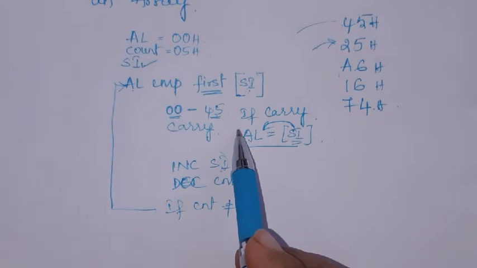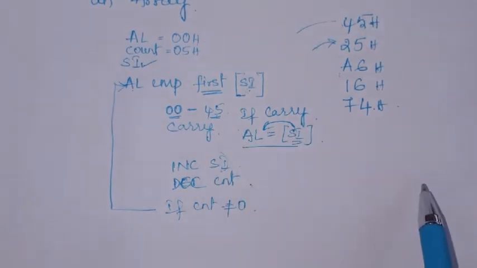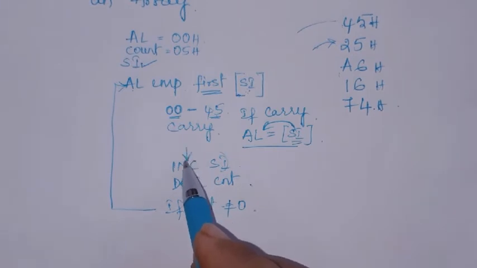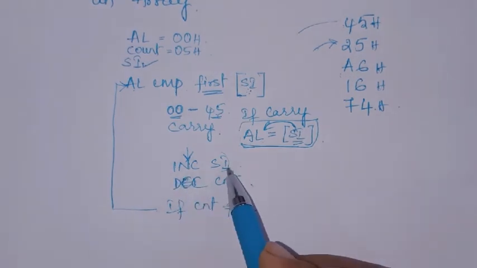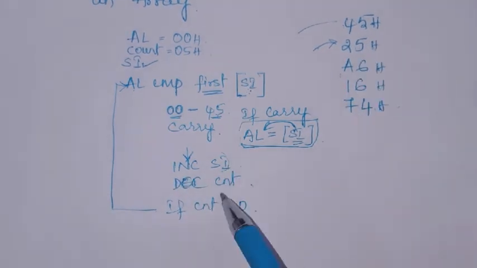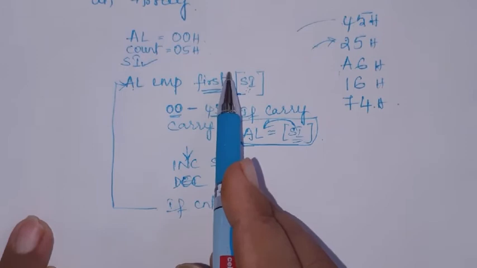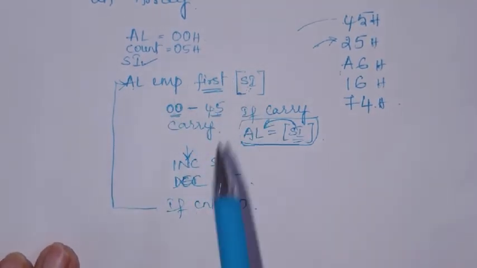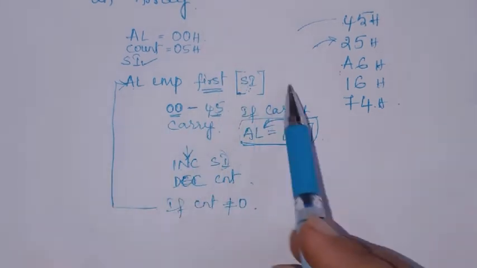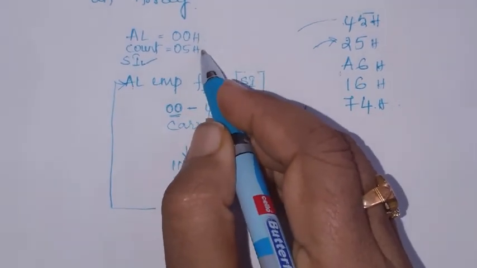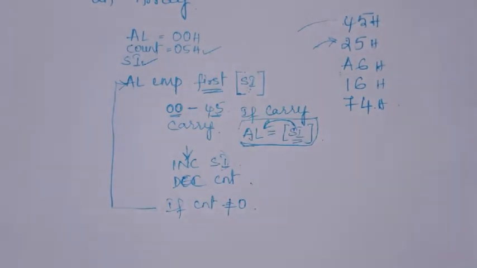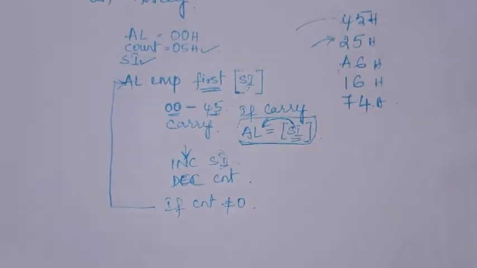So 45 is greater than 25, so there won't be any carry. If there is no carry, this step is not required. Increment SI to point to the next element, then decrement count, and if count is not 0, the comparison is done again. So this is what is to be repeated till count equals 0. Once we write down the logic, it works with 100 elements or any number of elements; you only need to change the value of the count and the number of elements in memory.